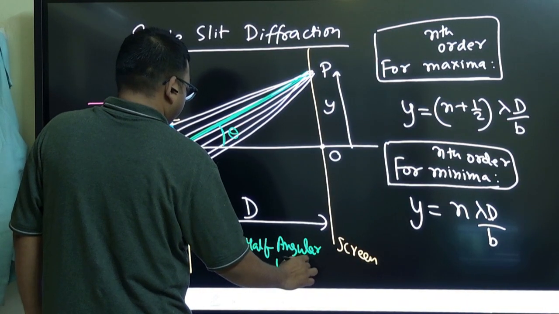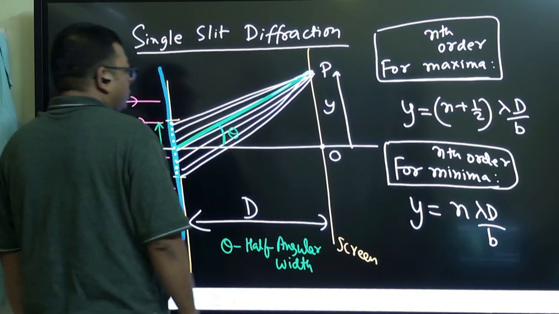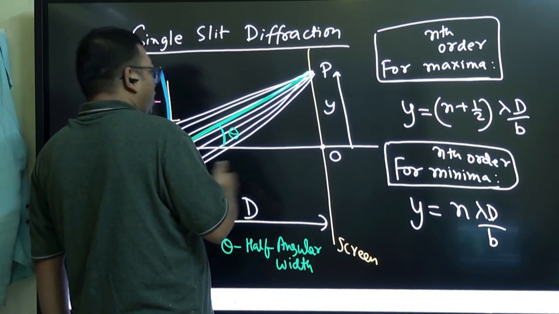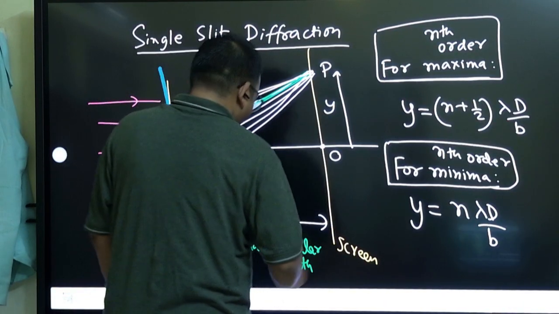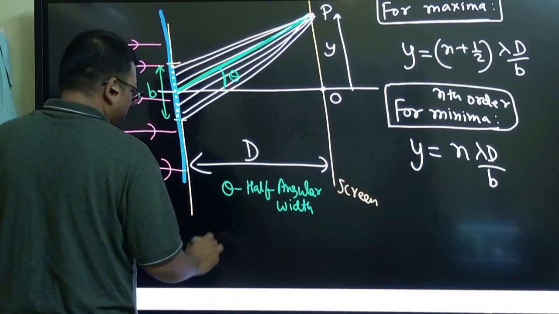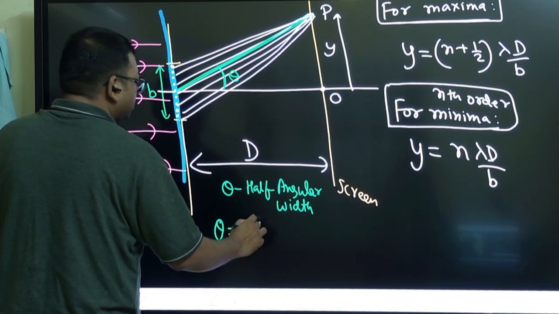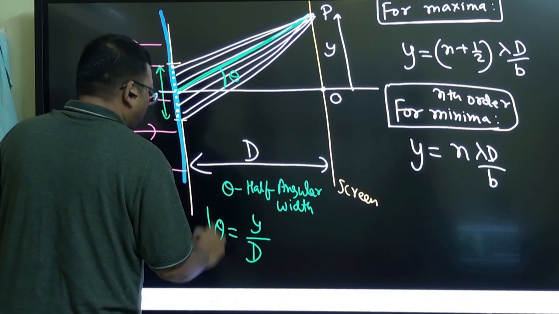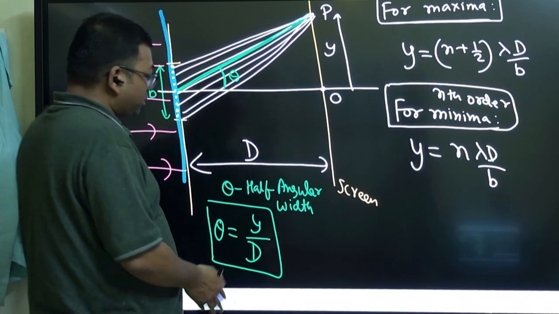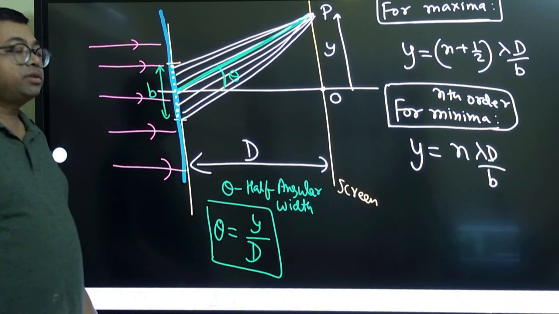Because this is at very large distance, this theta can be written as tan theta. Just tan theta or theta is sufficient. This theta can be written as y by D. Half angular width is theta. Full angular width means 2 theta, which is 2y by D.